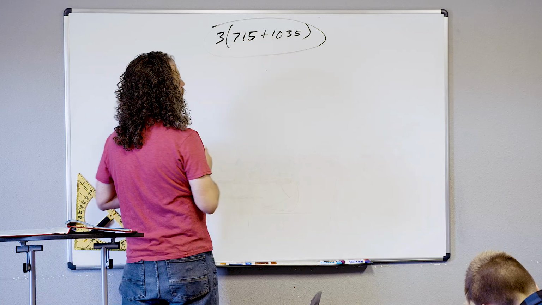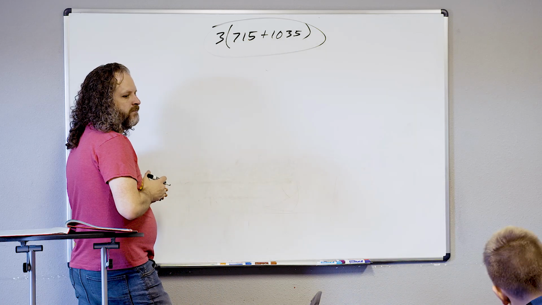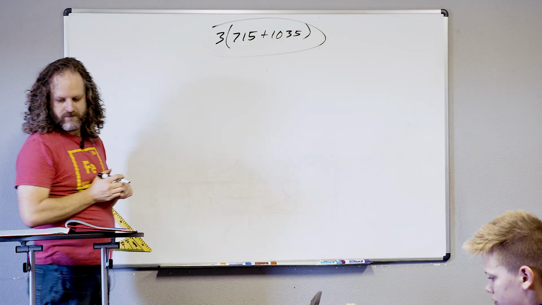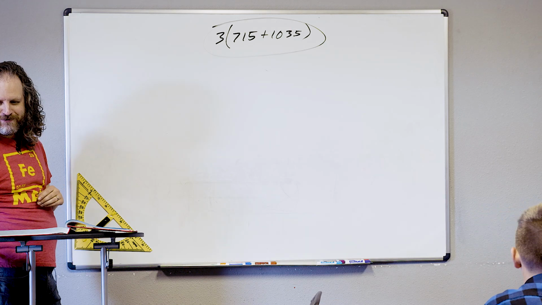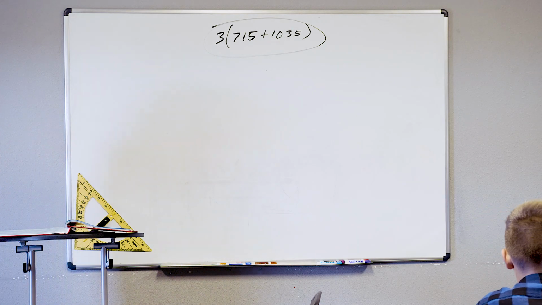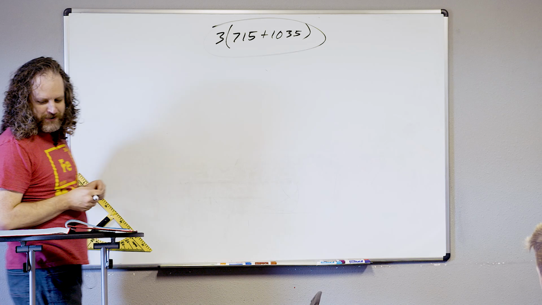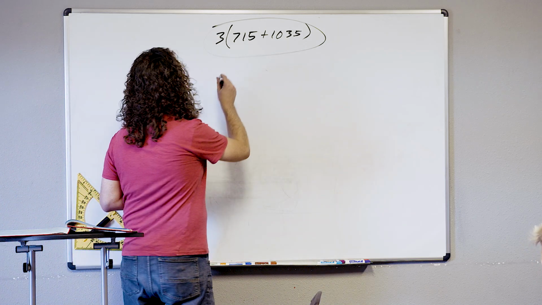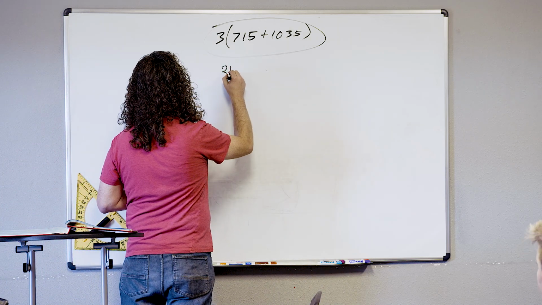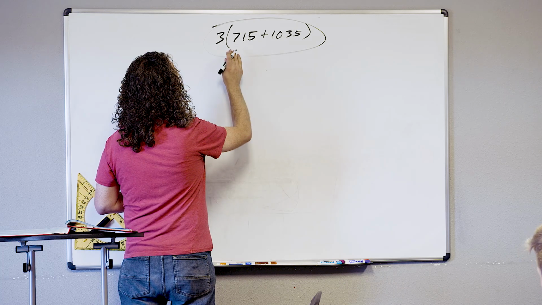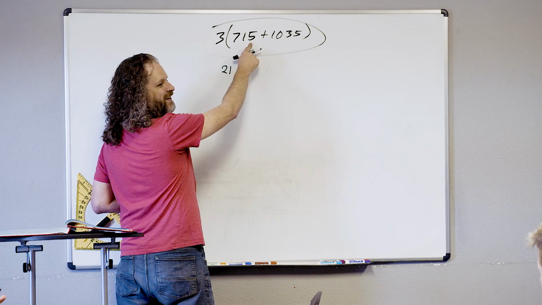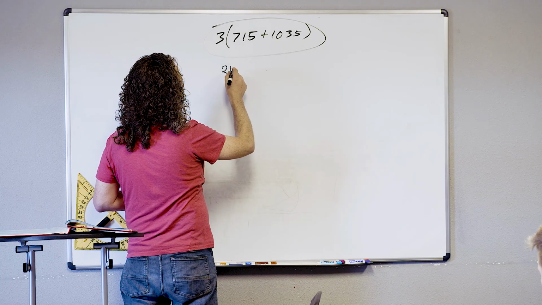So 3 times 715 is what? 2,145. Somebody else agree?